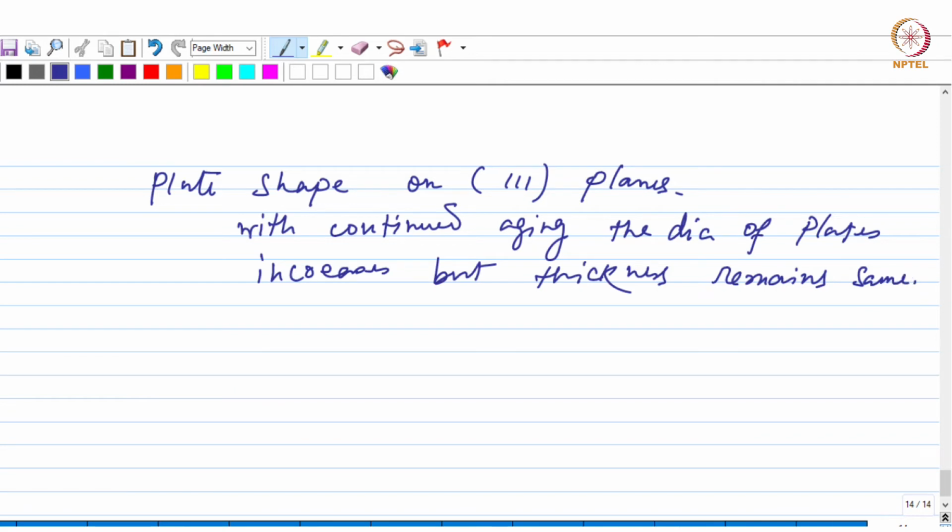Now let us look at the precipitate, that is eta prime. These are also plate shaped. Forms during high temperature aging.